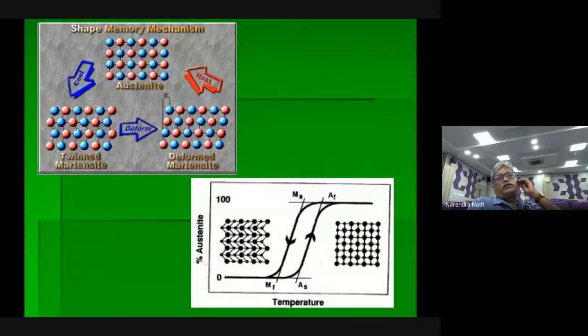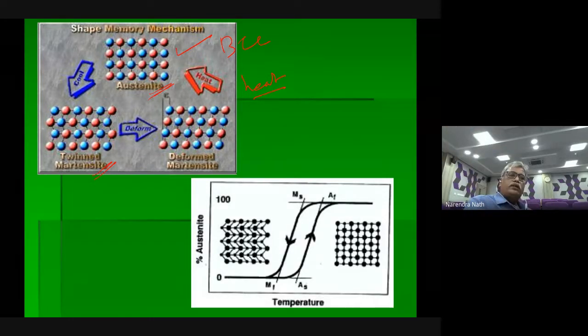So what is this mechanism? This is actually the BCC, body centered cubic, when the material is in austenite shape. Now see here, I am going to cool it, so this is through heating and cooling. When I cool it, it is going to become the next phase, called martensite.